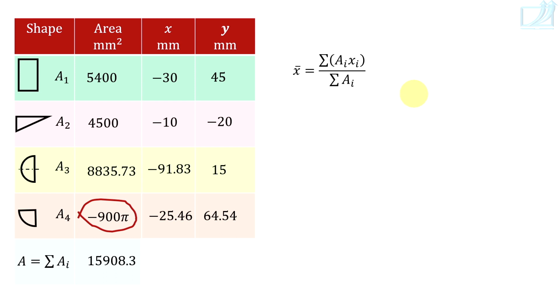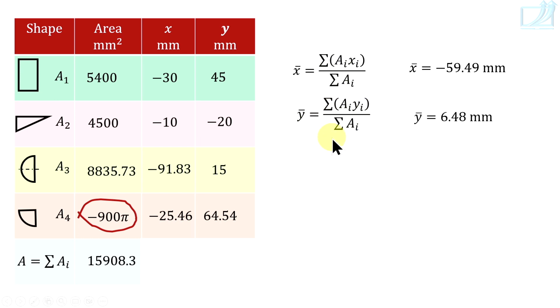X bar is equal to summation ai xi divided by summation ai. So ai xi means a1 x1 plus a2 x2 plus a3 x3 plus a4 x4, but take care of negative signs and you will get x bar, and y bar is summation ai yi divided by summation ai. You will be able to do this calculation. Just put these values in this formula and get the answers.